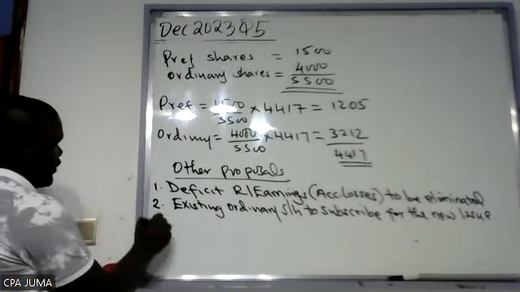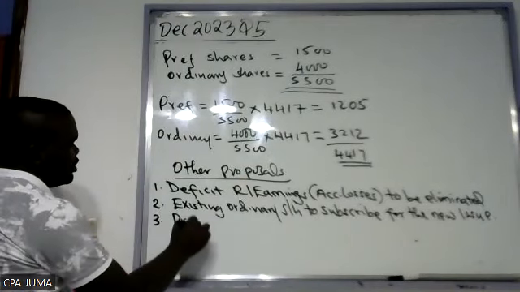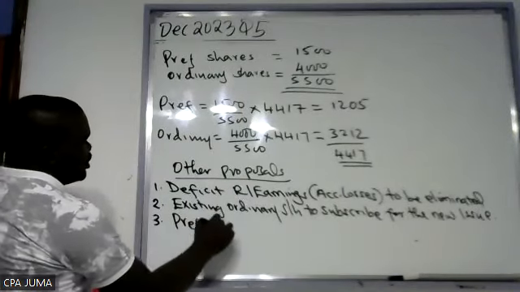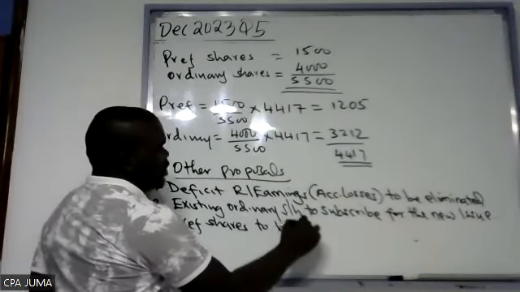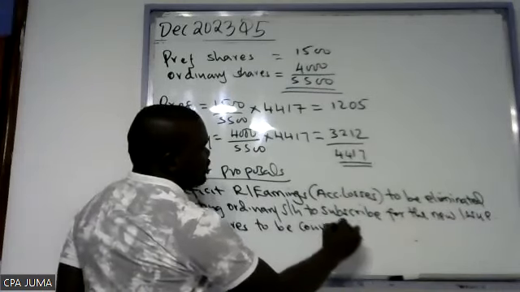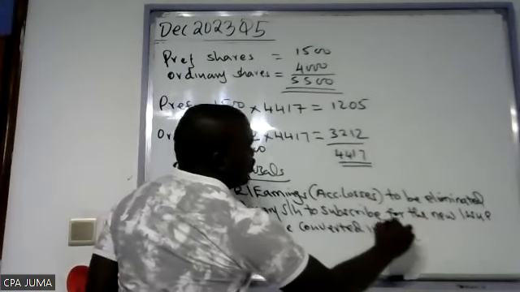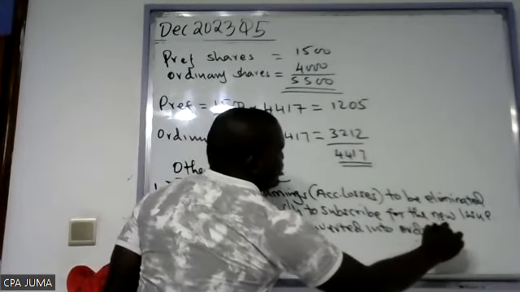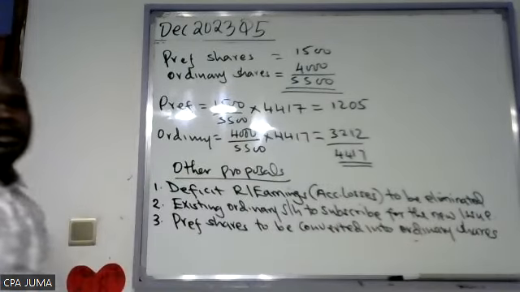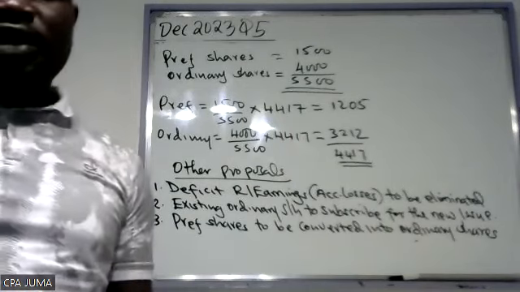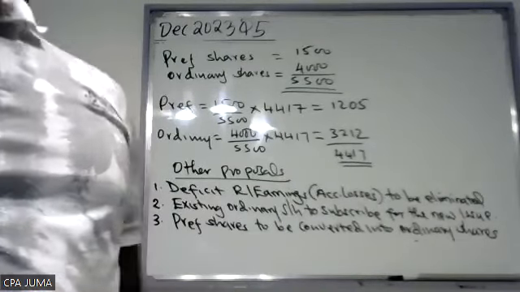So, number 3, preference shares to be converted into ordinary shares.